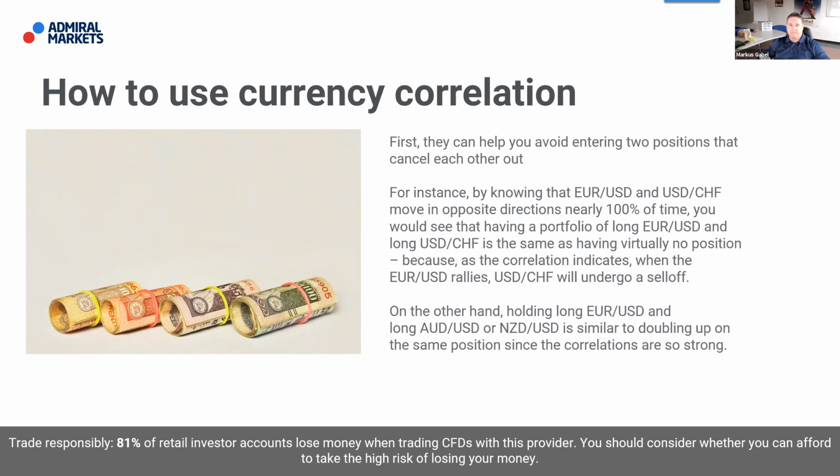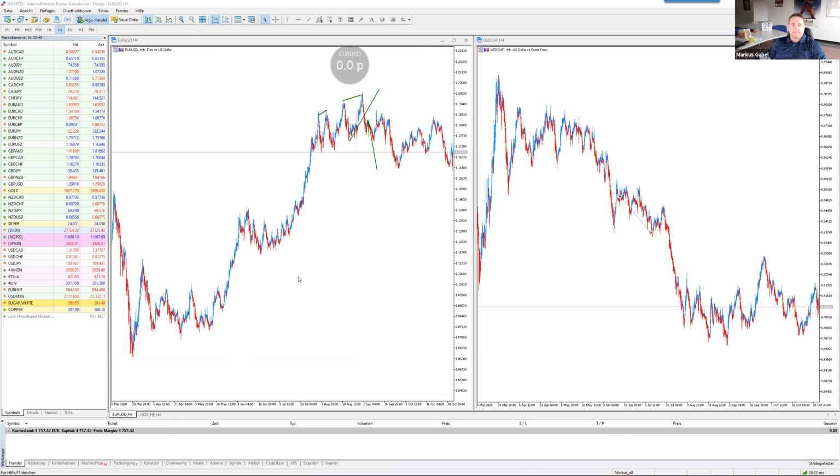Okay, let's have a look at the chart so you can see, just a quick chart, because we want to go to the example later. So this is Euro USD, and on the right side you can see USD Swiss franc. So what do you basically see? Okay, you can see Euro USD.